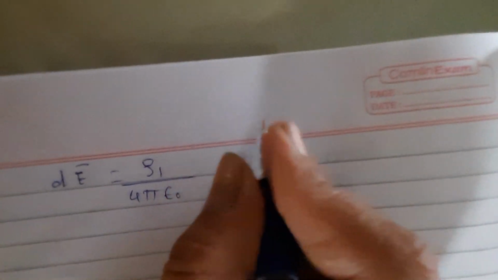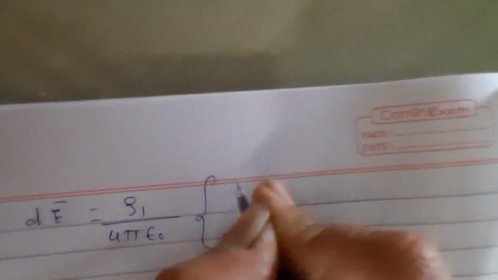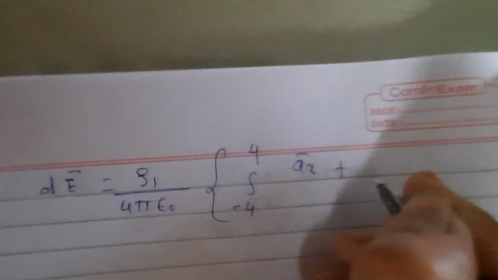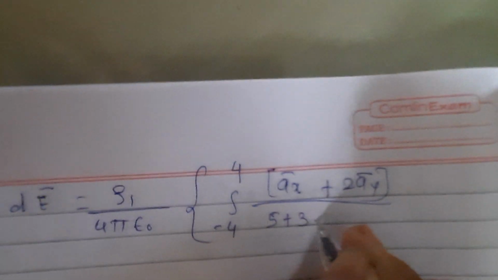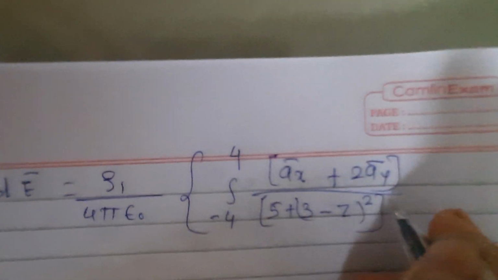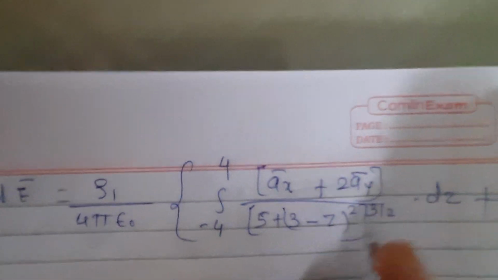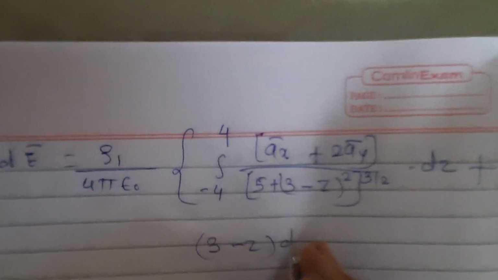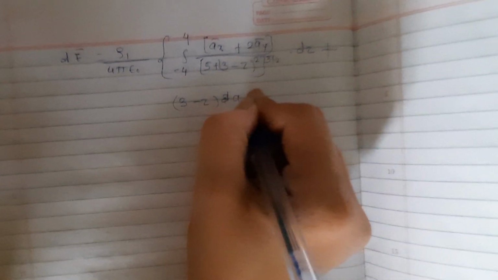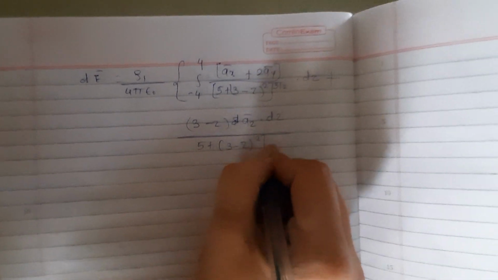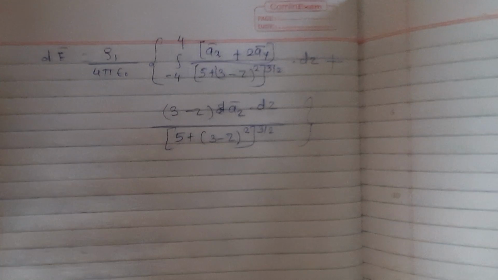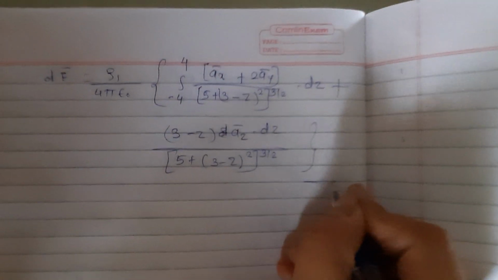So the equation is dE bar is equal to integration from minus 4 to plus 4, (ax bar plus 2 ay bar) divided by (5 plus (3 minus z) square) raised to 3 by 2 dz, plus (3 minus z) az bar dz divided by (5 plus (3 minus z) square) raised to 3 by 2. This is equation 5.